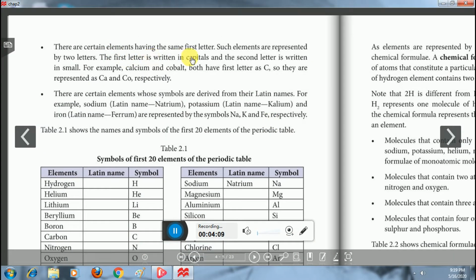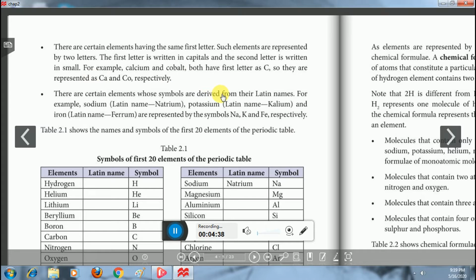There are certain elements having the same first letter. For example, carbon, calcium and cobalt. The first letter for all these three is C. Such elements are represented by two letters. The first letter is written in capitals and the second letter is written in small.